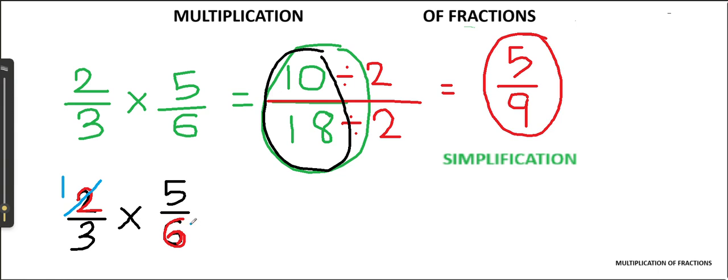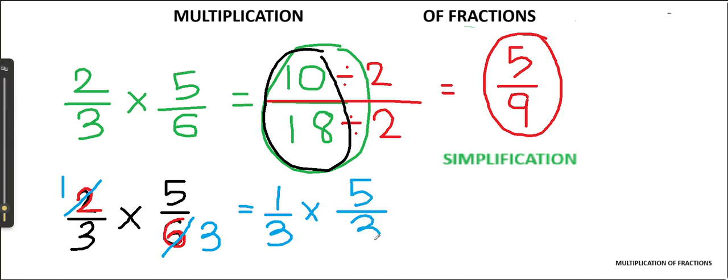So I write a 1 here. 2 times 3 is equal to 6. So I write a 3 here. Now what is my new value? My new value is 1/3 times 5/3. Right?